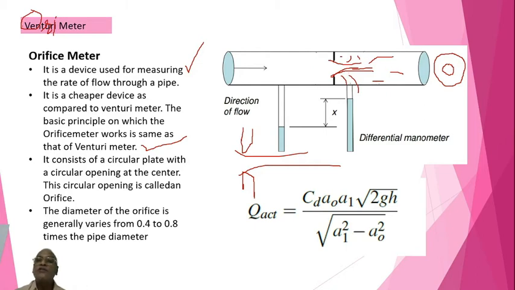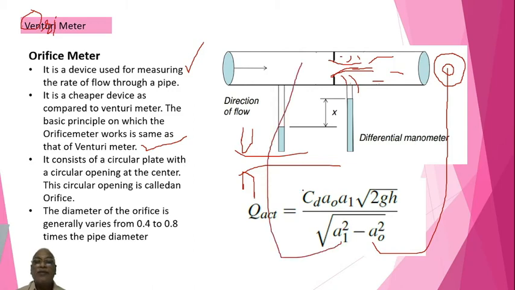Then there is a concentric hole having diameter d naught or area a naught, right? This area A1 is nothing but the pipe area. Anyway, the diameter of the orifice is generally around 0.4 to 0.8 times the pipe diameter, means approximately half. That's what it is.